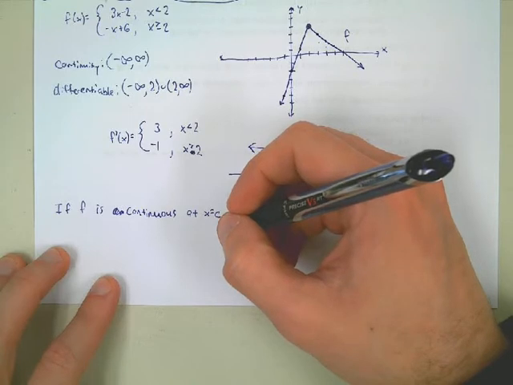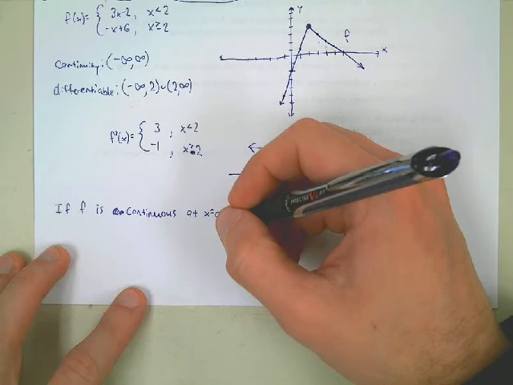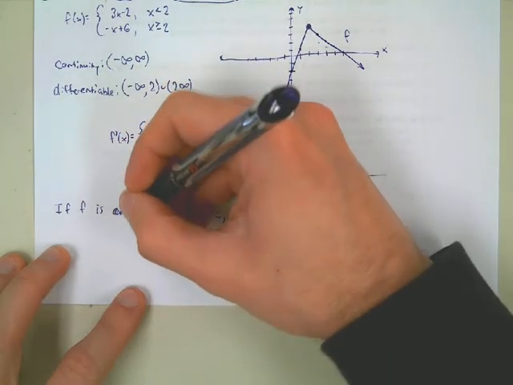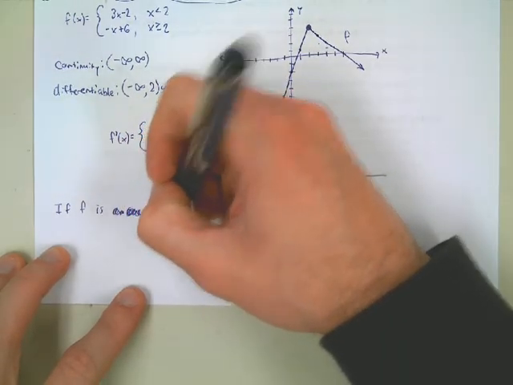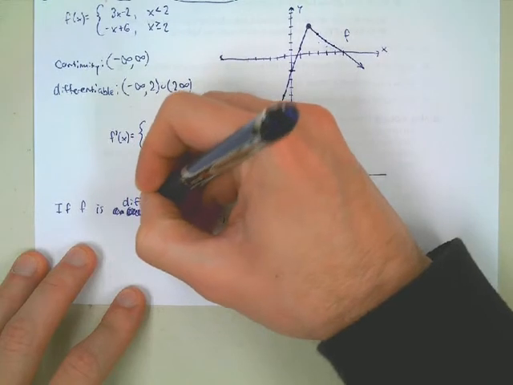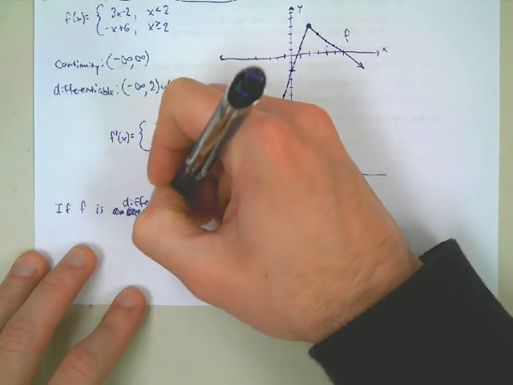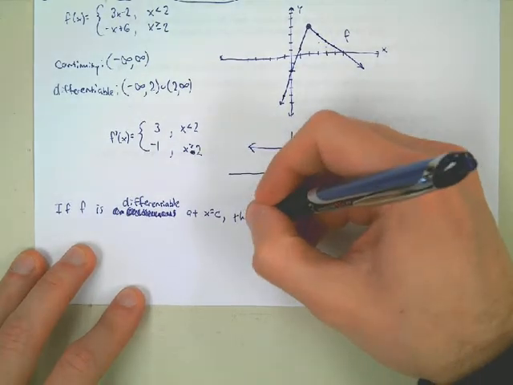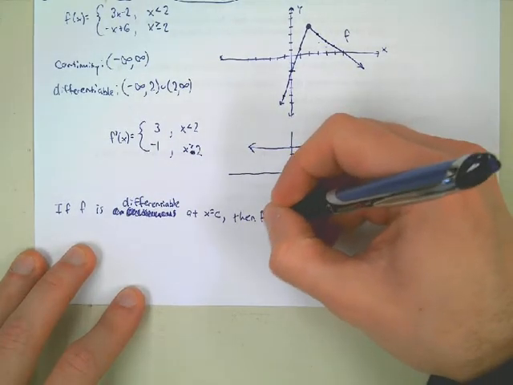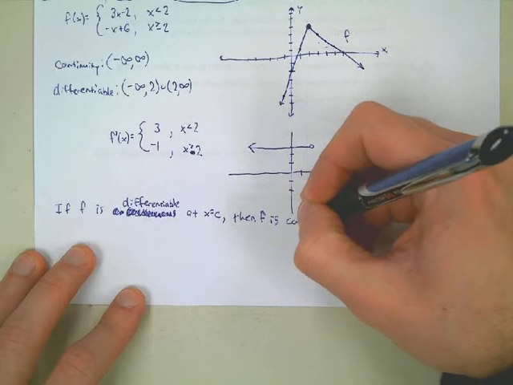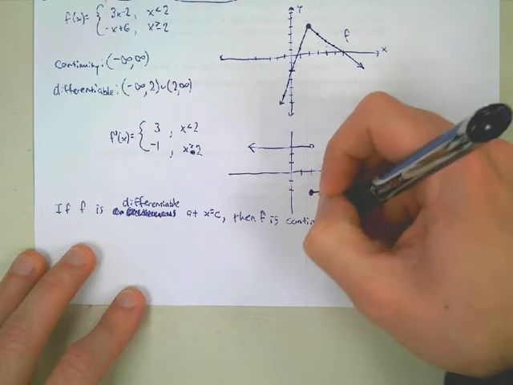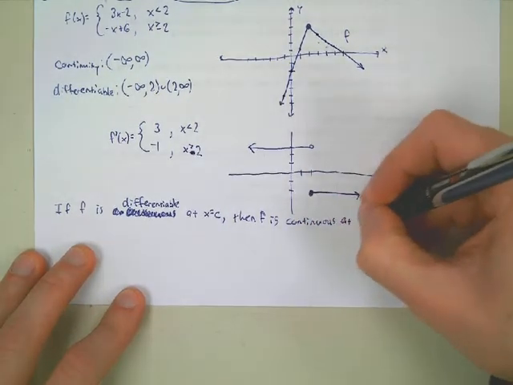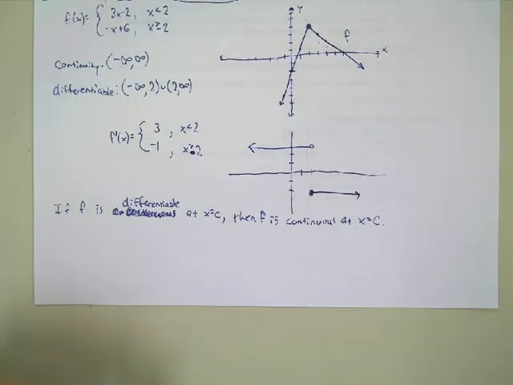Sorry, it's not that. If f is differentiable, my mistake. If f is differentiable at x equals c, then f is continuous at x equals c.